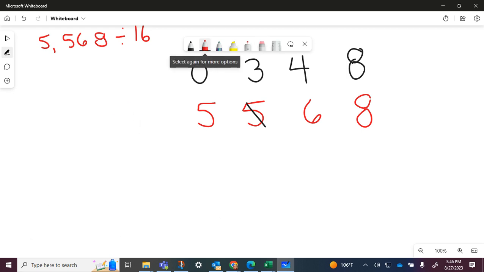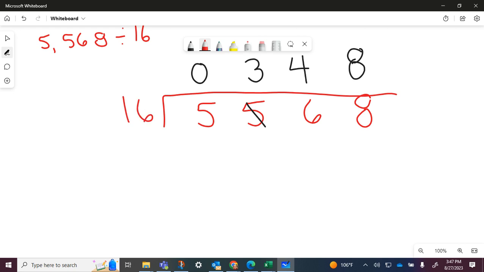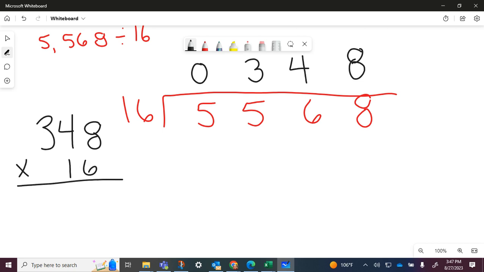So whatever our answer is, we should be able to multiply that. So 348, we multiply that by our divisor, and that should equal our dividend, which is 5,568. So let's try it.